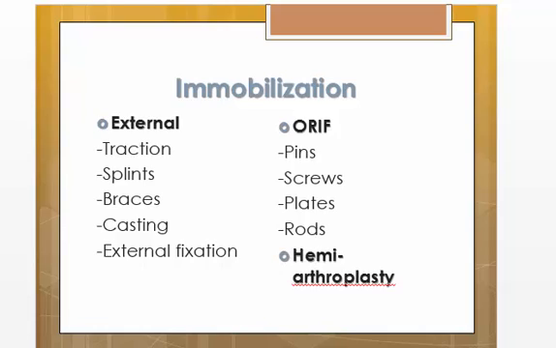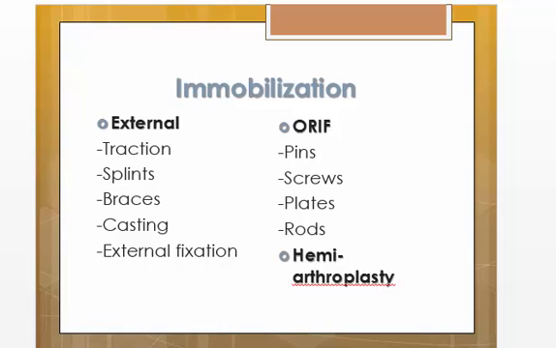One option is traction, which I'm going to talk more about in class when we discuss hip fractures. Also, splints, immobilizers, and braces are used, and this can be applied often until the swelling is reduced and then a cast is applied. Casting and external fixation, which I have a picture of on an upcoming slide.